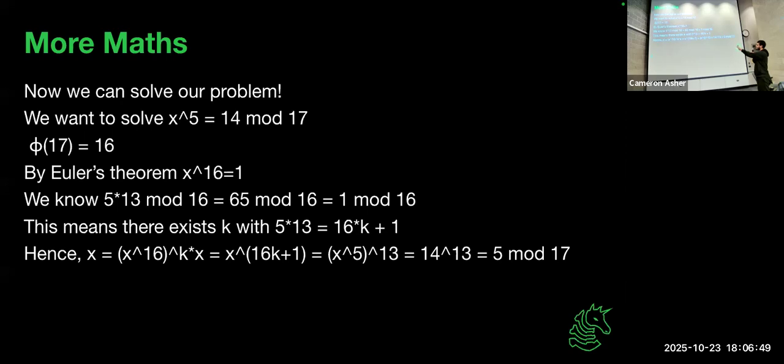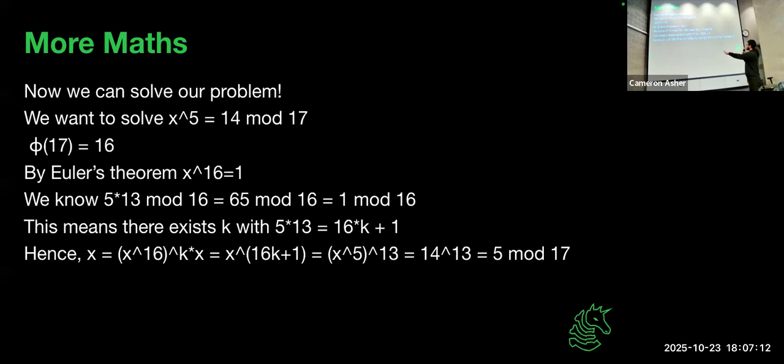Now, we know 5 times 13 mod 16 is 1. That means that we have k such that 5 times 13 is equal to 16k plus 1, because 5 times 13 minus 1 is 0 mod 16.